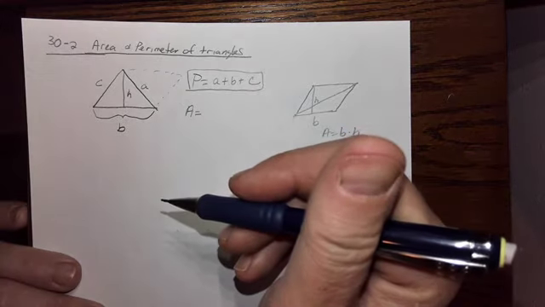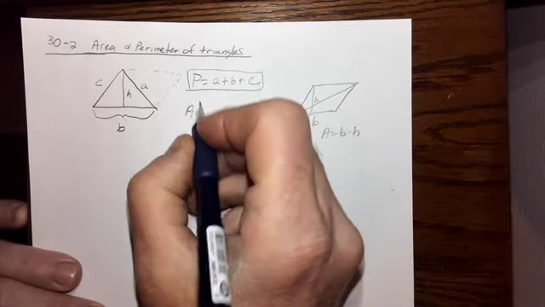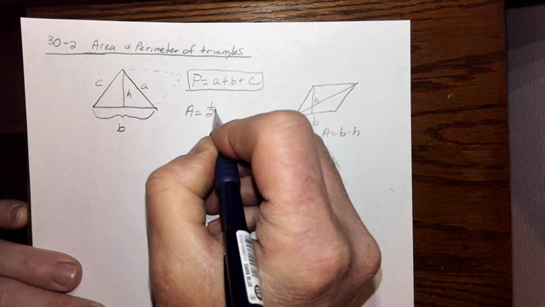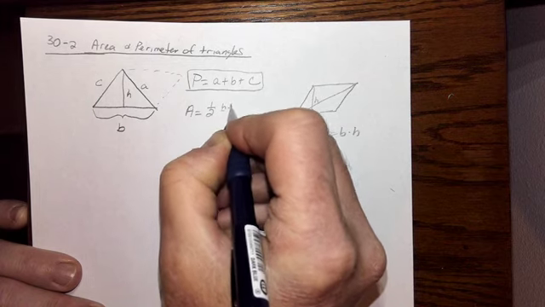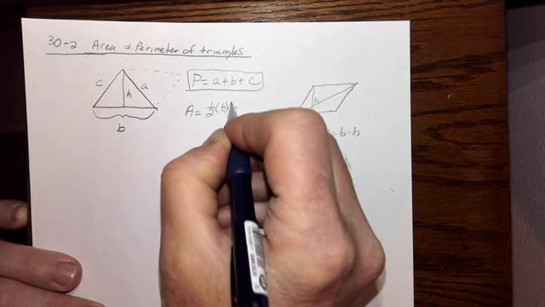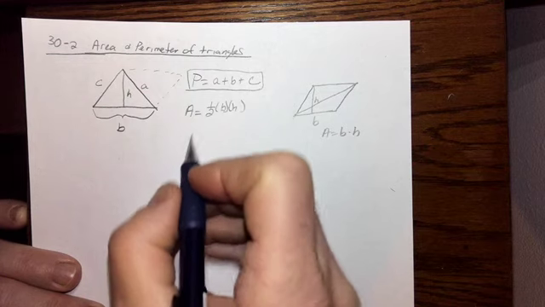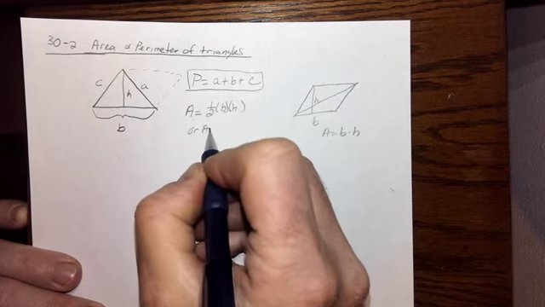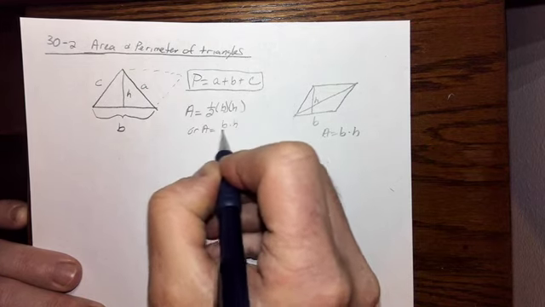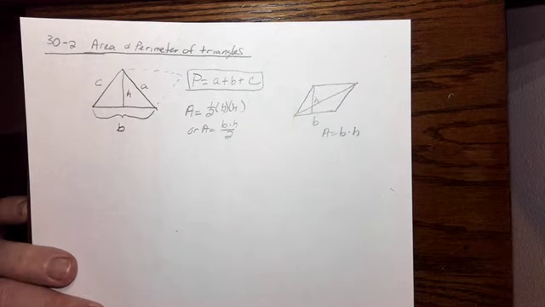And that's all it really is. And so it's 1/2 base times height. I'll write it like that. Or some people like it base times height divided by 2. Either one of them is fine.